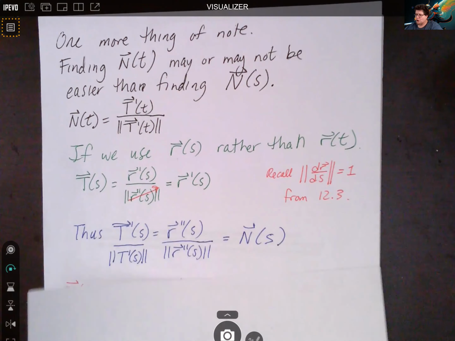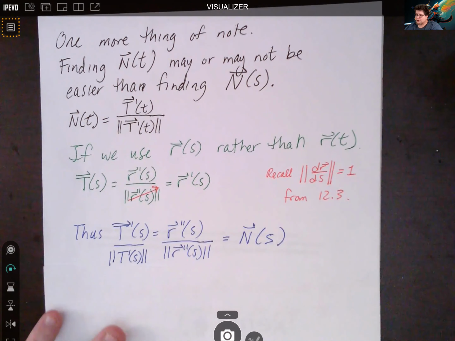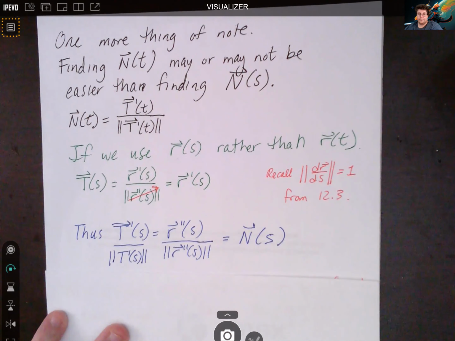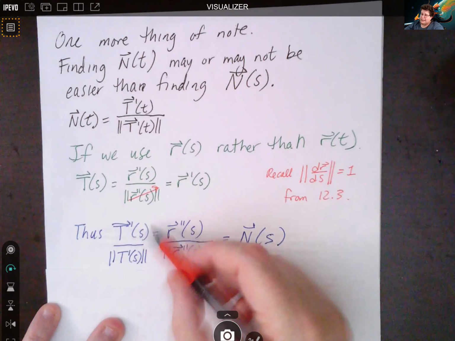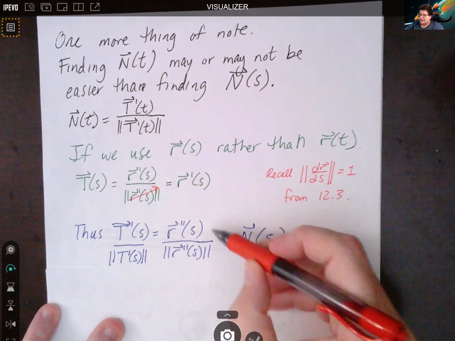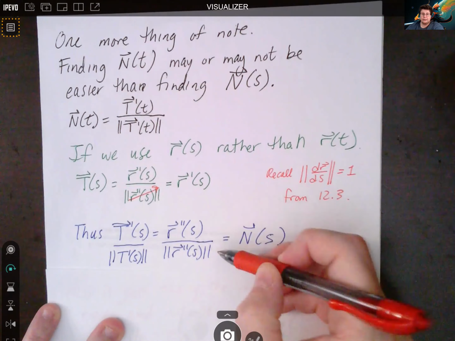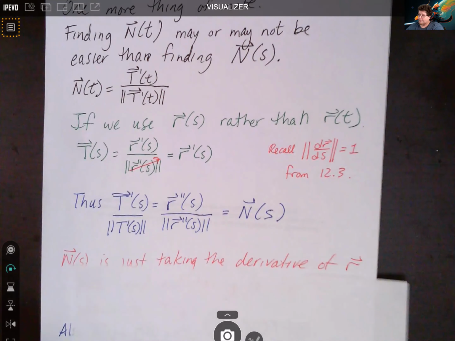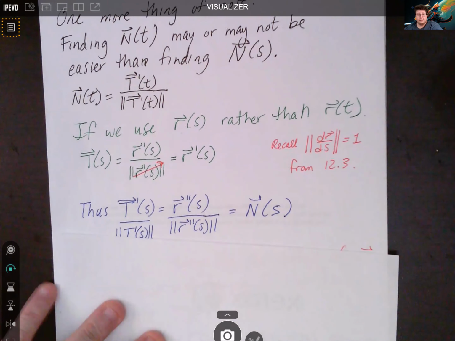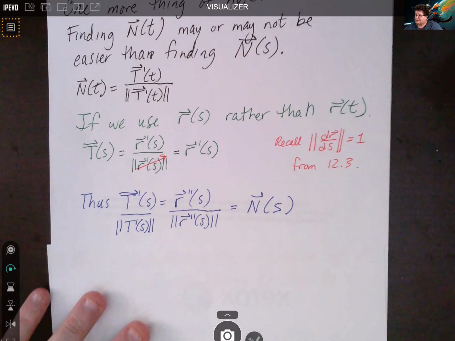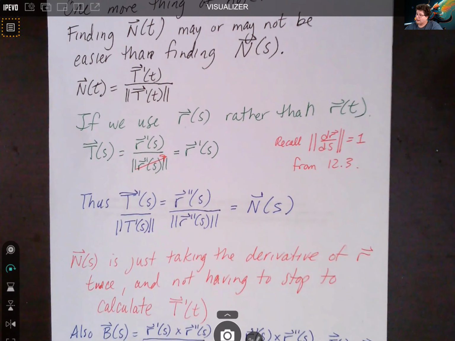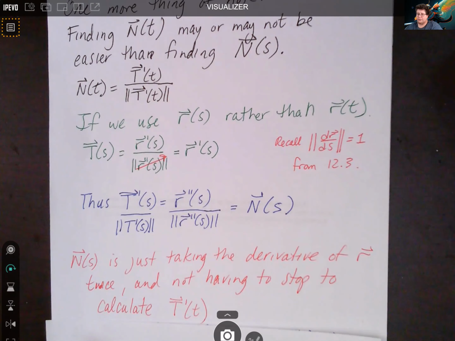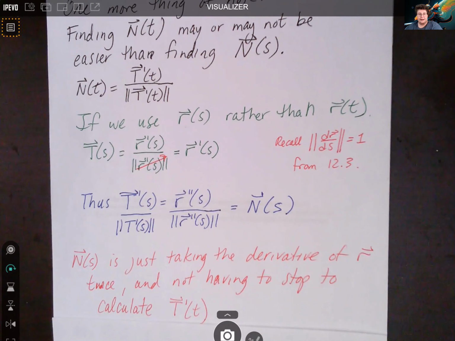And so for T prime, we can go straight to the second derivative of r. You will find that T prime of s over the magnitude of T prime of s is the same as just doing the second derivative divided by its magnitude. So we can get away with a lot when we're working with s. Everything's a lot quicker. We just take the derivative of r twice and we don't have to calculate T prime. T prime just falls out for us.